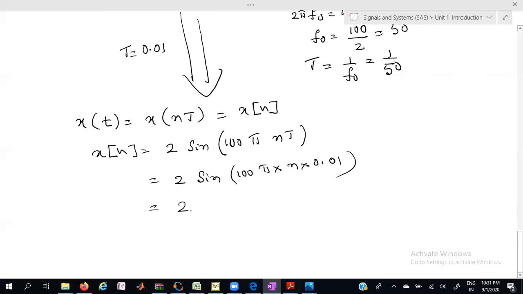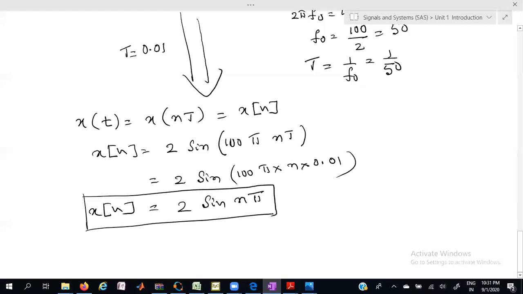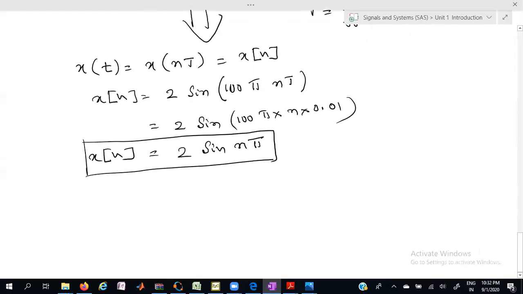So it is 2 sine, 100 into 0.01 is 1, so it is 2 sine n pi. This is the discrete version of the signal x of t, and you can calculate it for all the values of n.